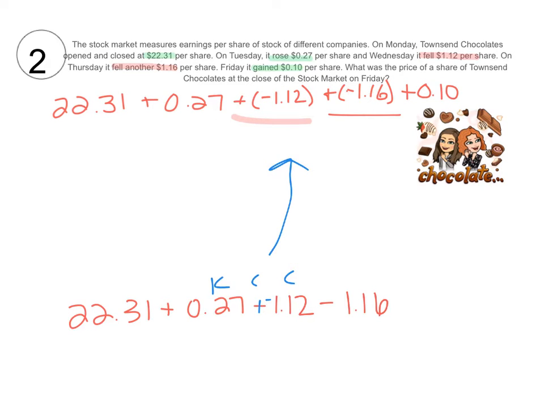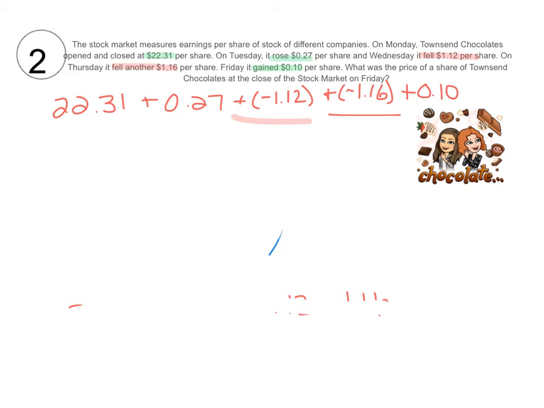Either way works. I'm going to go ahead and continue with my first number sentence because that way we don't have to do keep, change, change. It's kind of already been done for us. Just remember that adding a negative is the same thing as subtracting the numbers. All right, so let's go ahead and start. So for our first, we're going to work from left to right.